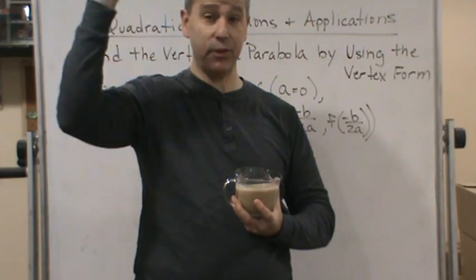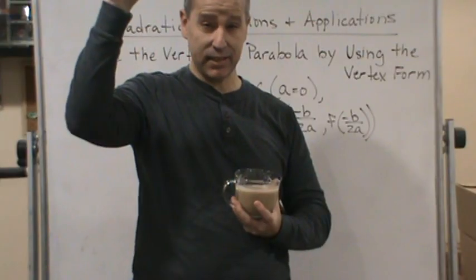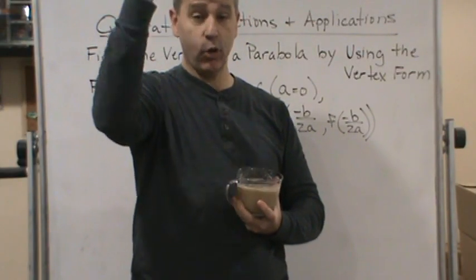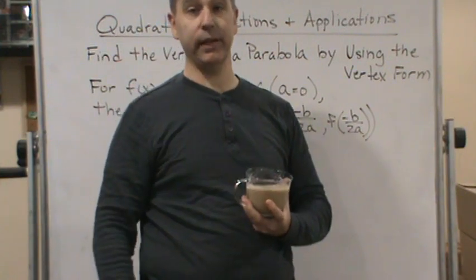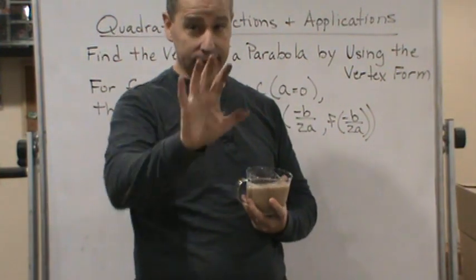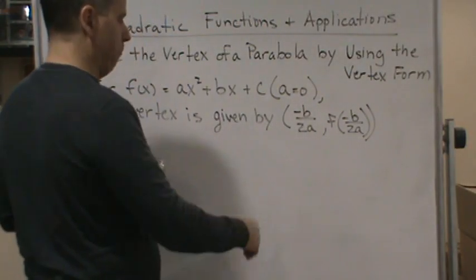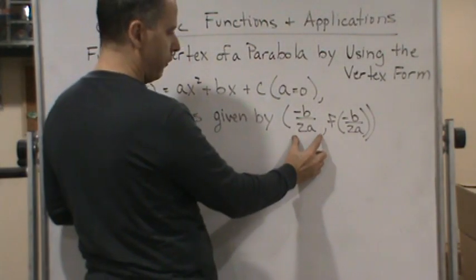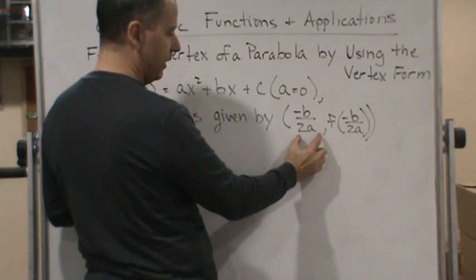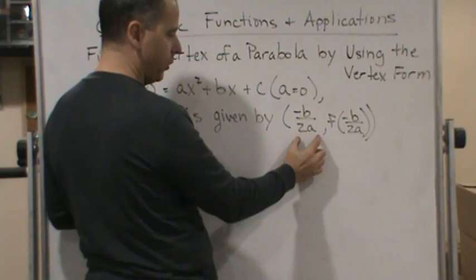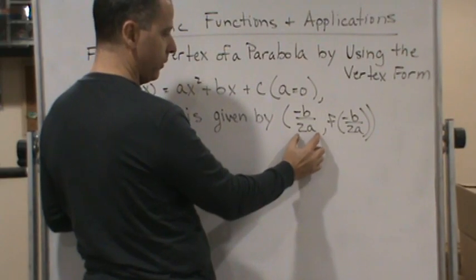So you're not on either side of the axis of symmetry. It tells you you're on the axis of symmetry. And the only way to be on the axis of symmetry is if you're at the vertex. I guess that's the better way of saying it. So that's why this negative b over 2a is the x value of where the vertex is located. And that's why we call it the vertex formula.